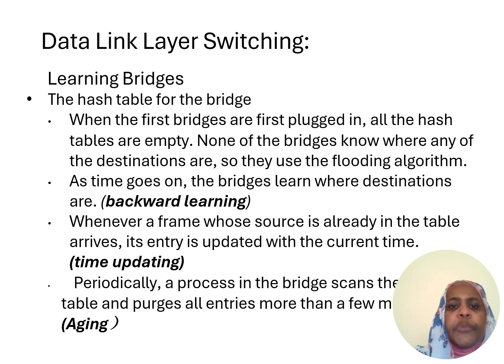When the bridges are first plugged in, the hash table is empty. None of the bridges knows where the destinations are, and it uses a flooding algorithm. That's to say, the frame will be sent to all other ports except the one it came from. And as time goes, the bridges will learn about the destinations from the incoming frames, in a process called backward learning.